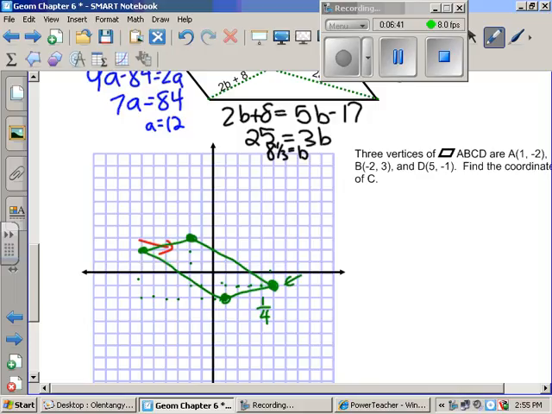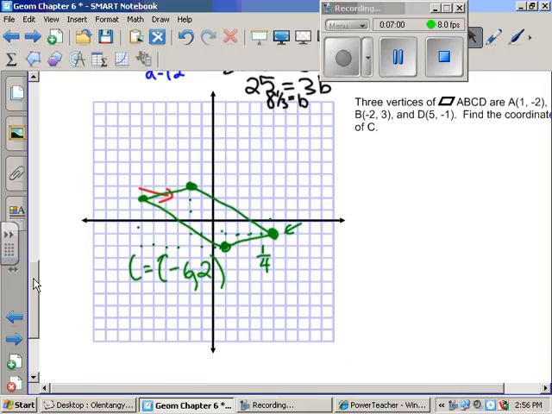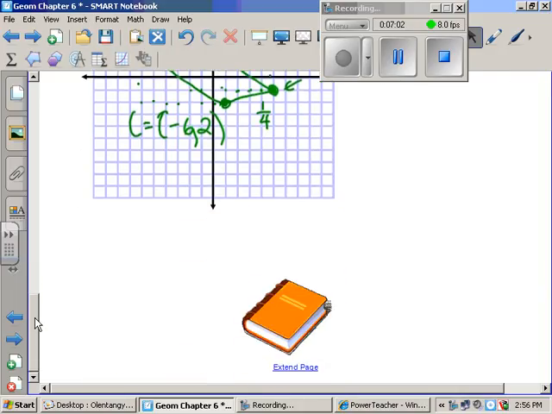Just to make sure. So my fourth vertex, C, would be at negative 6, 2. All right? That's using the fact that opposite sides are parallel. Okay?